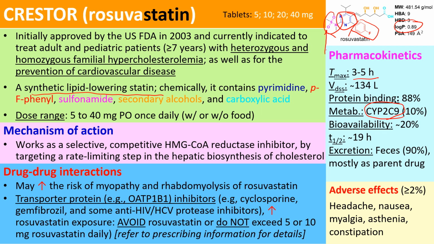So the intervention strategy would be to avoid concomitant use with rosuvastatin, or in some other cases, adjust the dose accordingly and do not exceed, for example, 5 or 10 milligrams of rosuvastatin once daily.